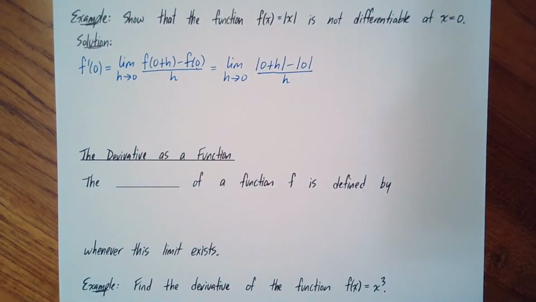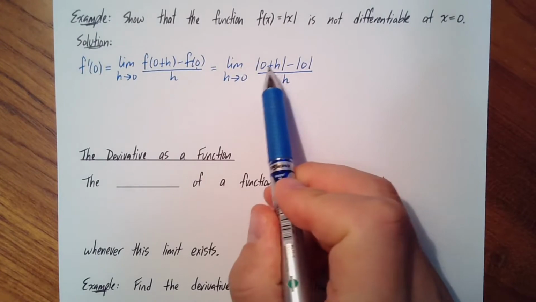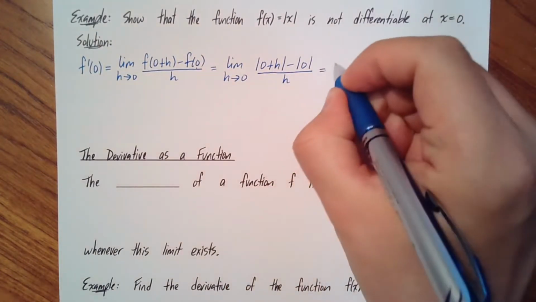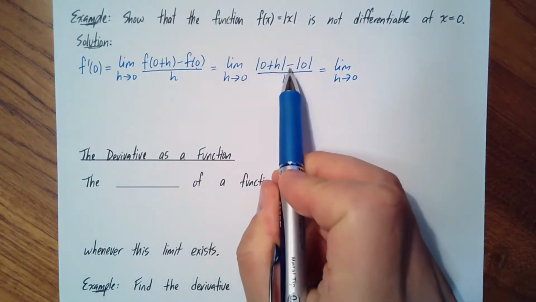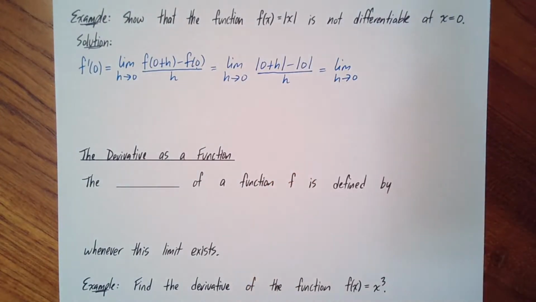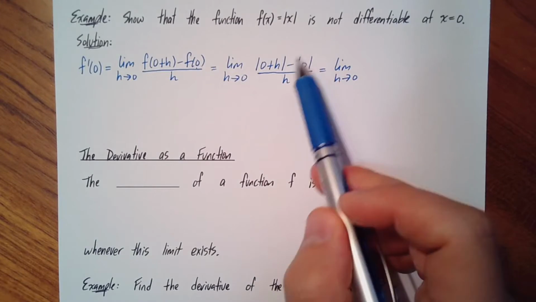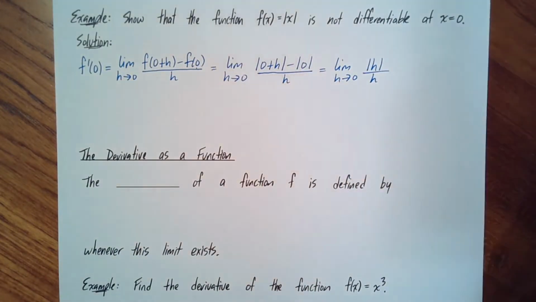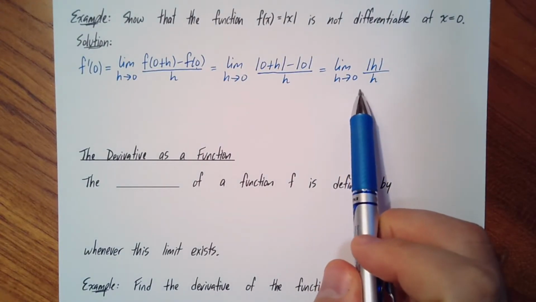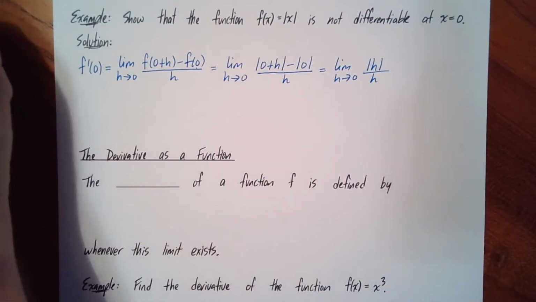Okay, well, what do we have here? Absolute value of 0 plus h, that's just the absolute value of h, and then of course minus the absolute value of 0. Absolute value of 0 is just 0, so you can forget about this whole term. So really, we just have the absolute value of h over h.